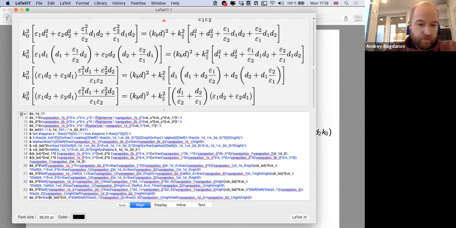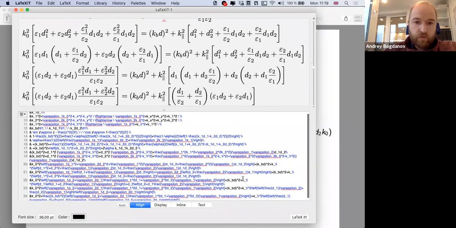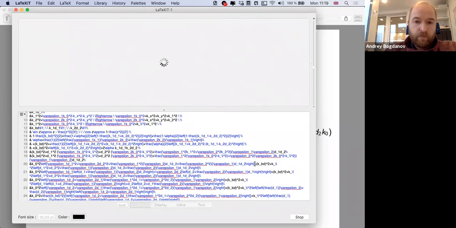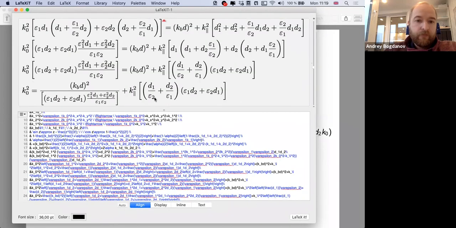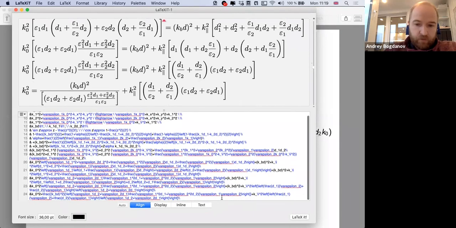And here I have this fraction, a huge one. And here I will have k parallel.